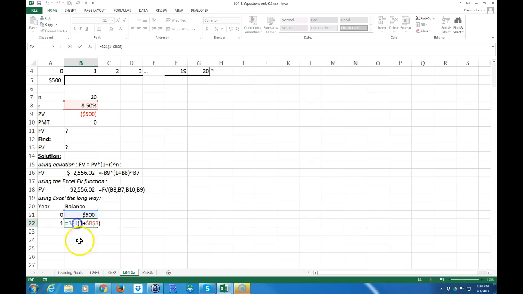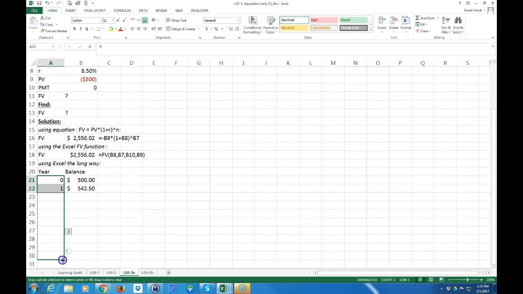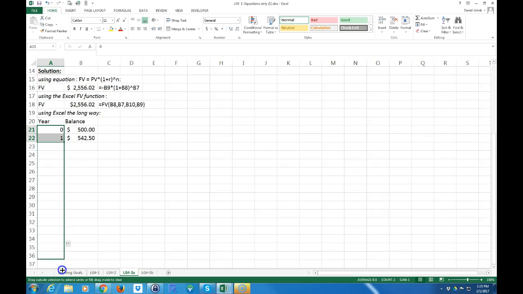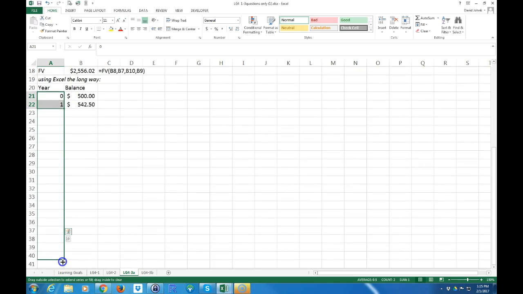Oh, I forgot to put a times symbol here. Common Excel mistake. I always forget a times symbol somewhere. All right, now I'm going to highlight these and make them currency. And then I'm going to highlight these. How many years am I going? I'm going down to 20. So I'm going to highlight this until it says 20. All you do is highlight the first two to give Excel an idea, and as you drag down, it says where it's going to stop.